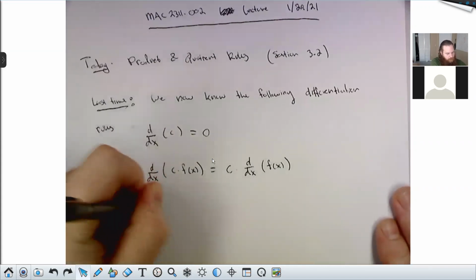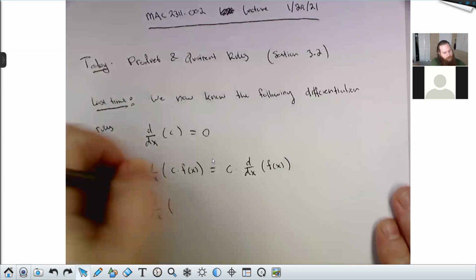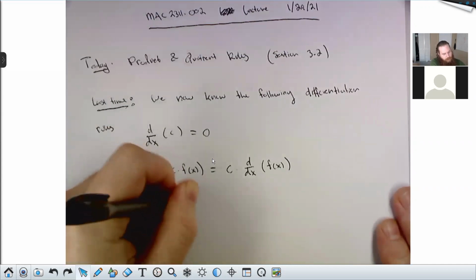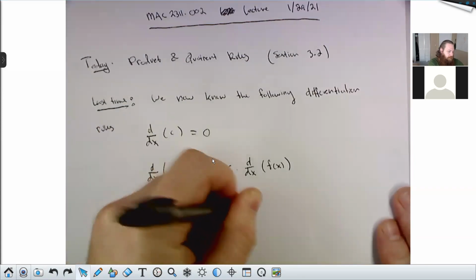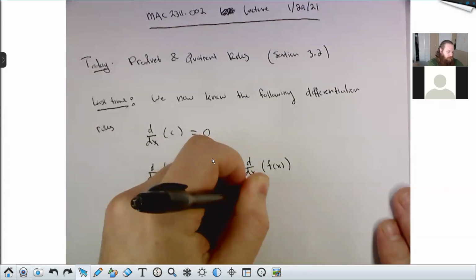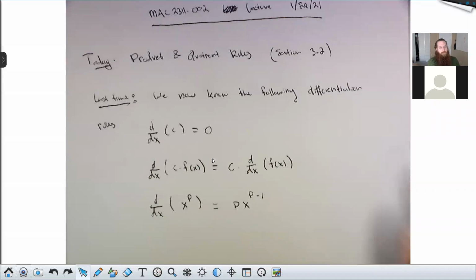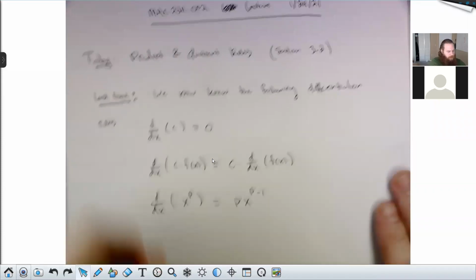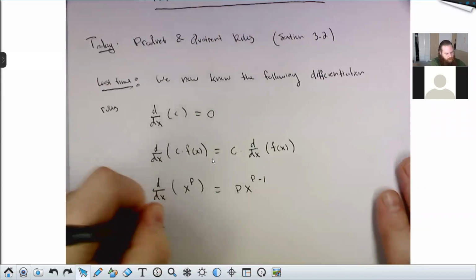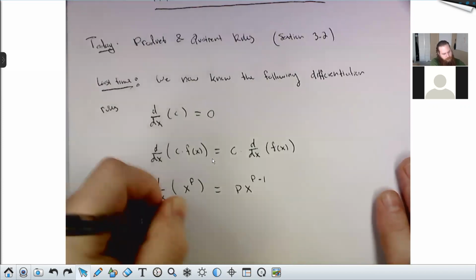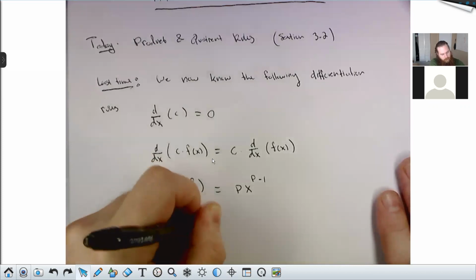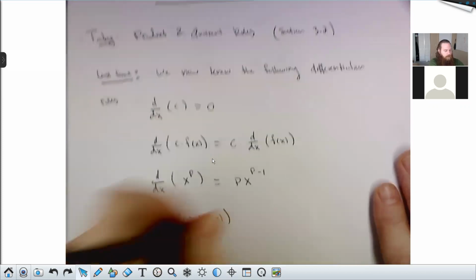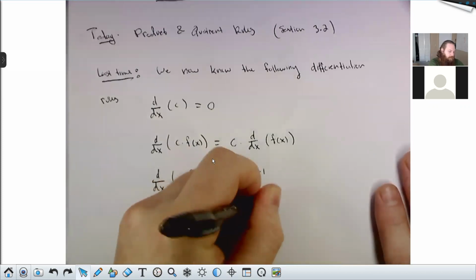We know that the derivative of a power function is the power times that power function with the power decreased by 1. And we also know that the derivative of a sum or difference of two functions is the sum or difference of the derivatives.